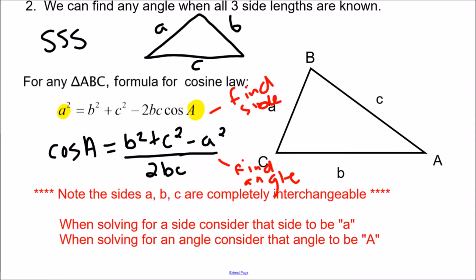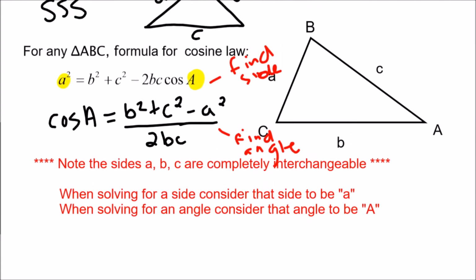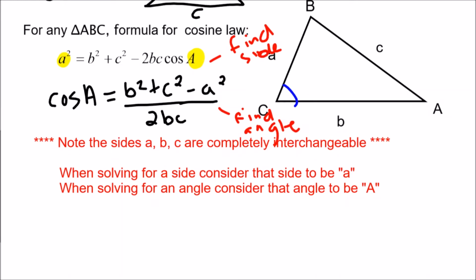A, B, and C are completely interchangeable. So if I instead was looking at this triangle and I wanted to find angle C, so because I'm trying to find an angle, I would use the bottom formula there. But I need to find angle C, so if I call this cosine C, it's going to make changes to the rest of the equation as well.